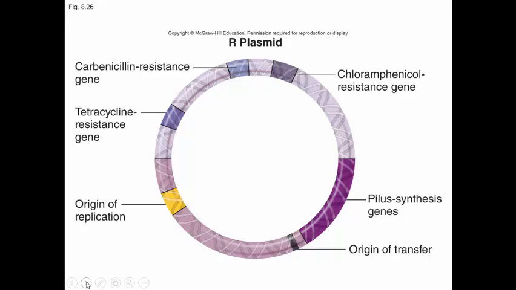So what you see in this example is the origin of transfer, the pilus synthesis genes, the origin of replication, but here it comes, chloramphenicol resistance gene, carbenicillin resistance gene, and tetracycline resistance gene. Each one of these genes has one or two capabilities that lead to the resistance of the bacteria that has these genes in them.